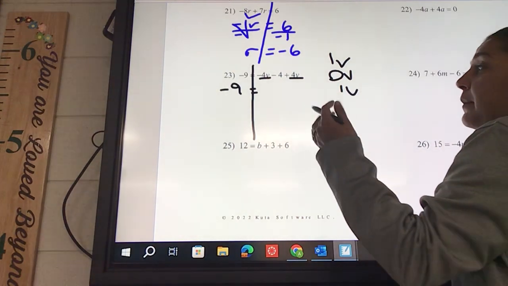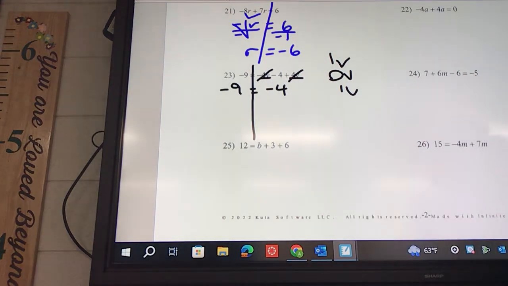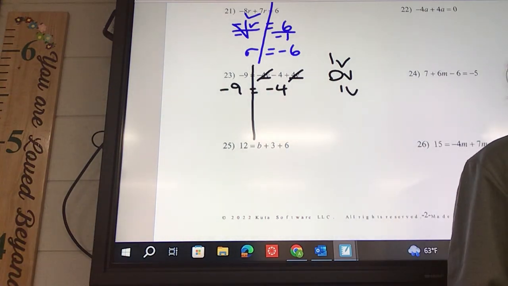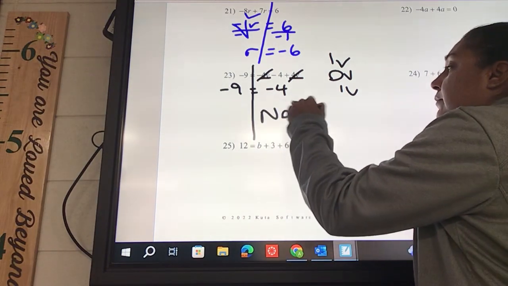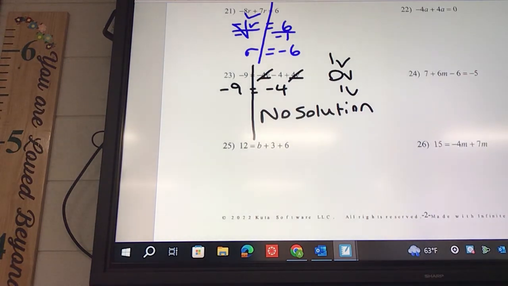That means you would be left with nothing. They kind of cancel. And look at this statement. Does negative 9, this is what this says, negative 9 equals negative 4. Is that true? No. Negative 9 equals negative 9, or negative 4 equals negative 4. So this is one where it has no solution, because that's not a true statement. Negative 9 does not equal negative 4.